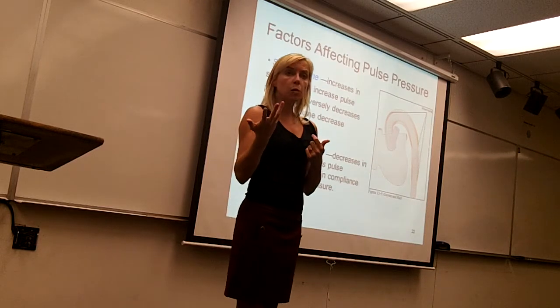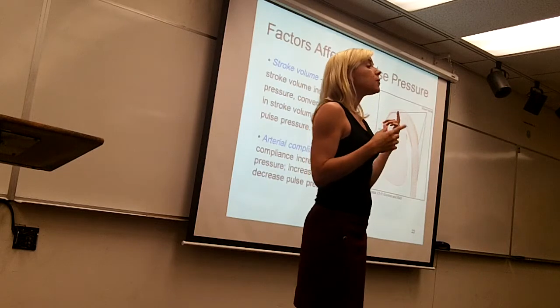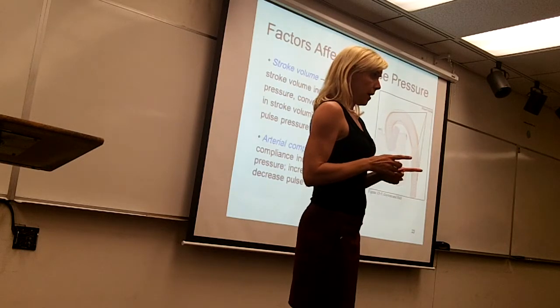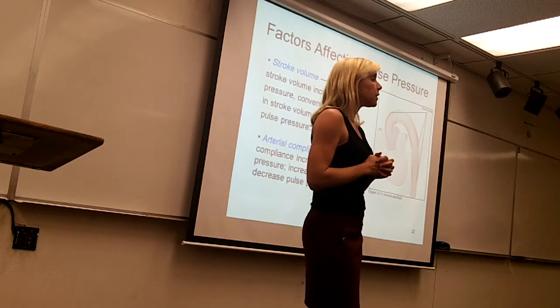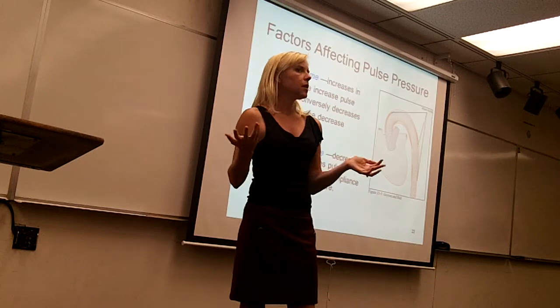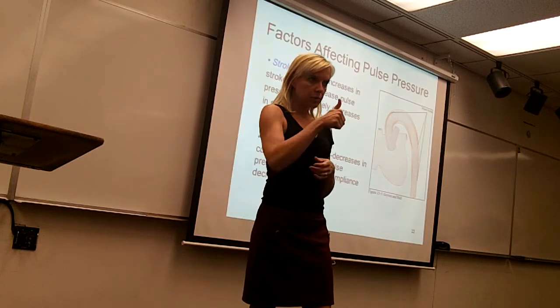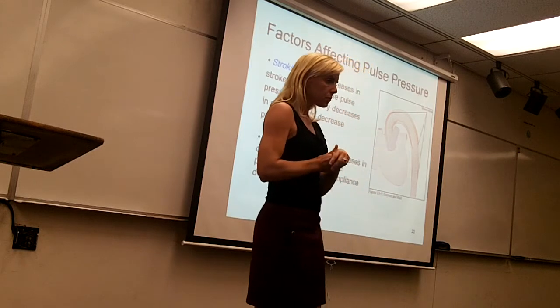That's part of the reason why when we're taking someone's blood pressure, we are mindful of both numbers going up. If both of them are going up, that's telling us that the patient is having less compliant, less distensible arteries, and their blood pressure is going to be to the point where they have hypertension.